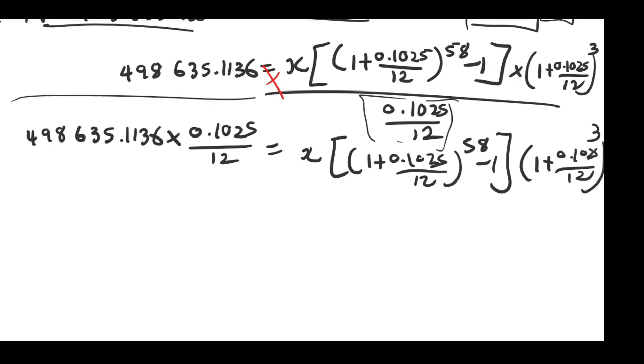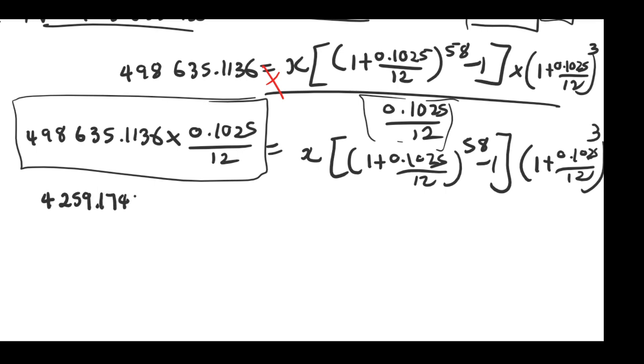And then this answer here, I got 4259.174929, equals x into 1 plus 0.1025 over 12 to the power of 58 minus 1.